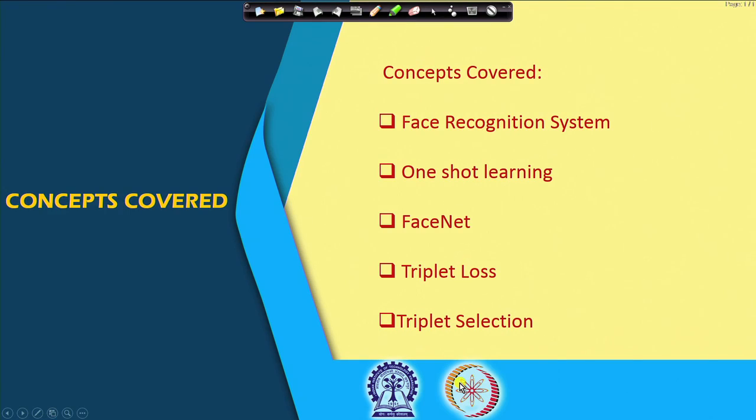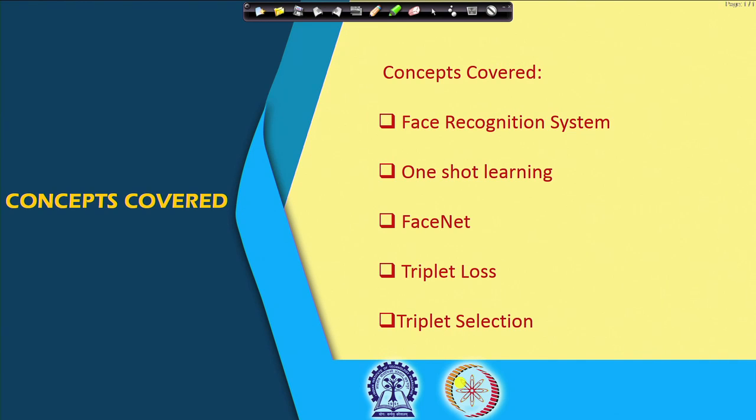So, today we will talk about a face recognition system. We will see how the face recognition system is important in today's digital world. Then we will talk about a learning mechanism known as one-shot learning, which is very applicable in face recognition systems.